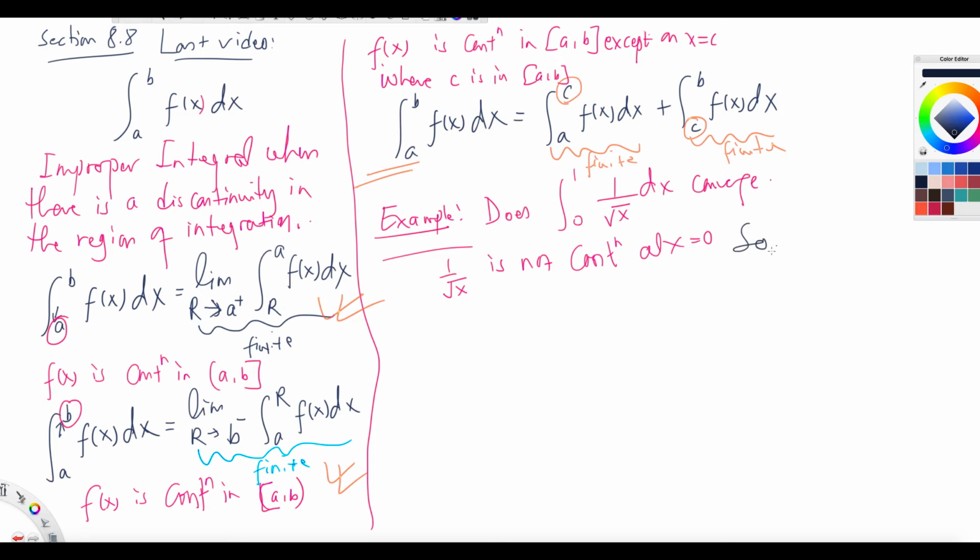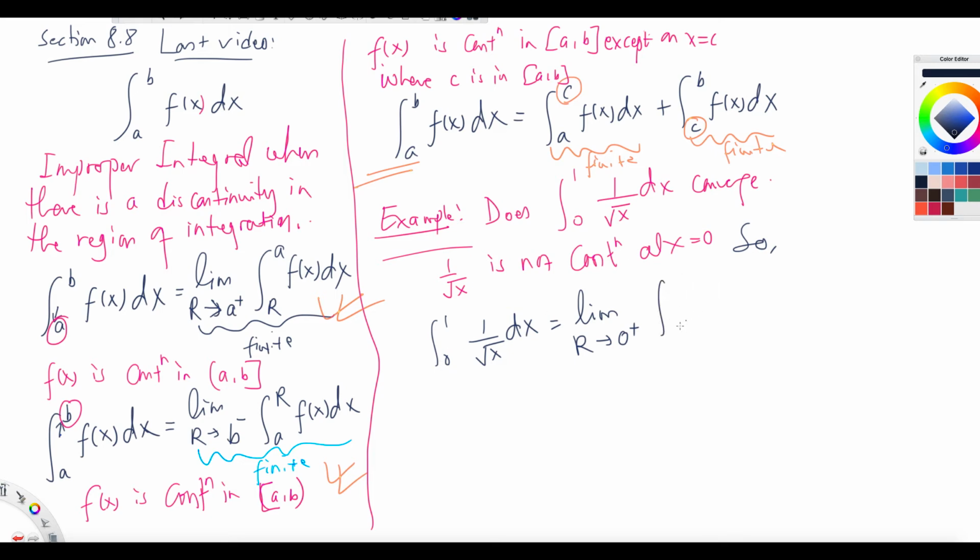So what we do is we can write the integral from 0 to 1 of 1 over root x dx equals the limit as r tends to 0 plus, because we are replacing this 0 by r. I'm writing r tends to 0 plus because 0 plus means we are going to 0 from above 0, which falls in this interval 0 to 1. But you cannot do 0 minus, because 0 minus is below 0, which will not be in this region, okay.